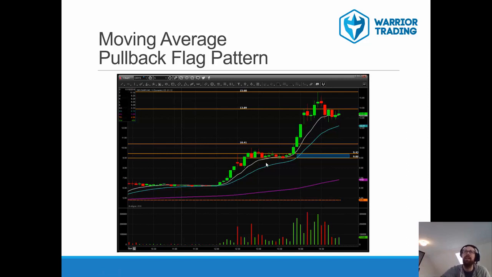Granted, I'm the guy who bought it way at the top of this candle wick, thinking it was just going to squeeze higher, and then suddenly it pulls back down to 8. I'm like, well, here's the moving average, and it'll probably get bought up because it's such a strong stock. That may all be true, but at the same time, I'm holding a red position and hoping for an outcome, and hope is not a good strategy. It's not really a strategy at all.